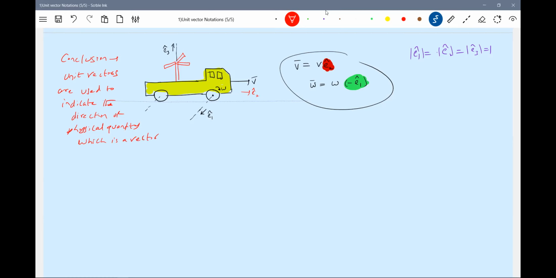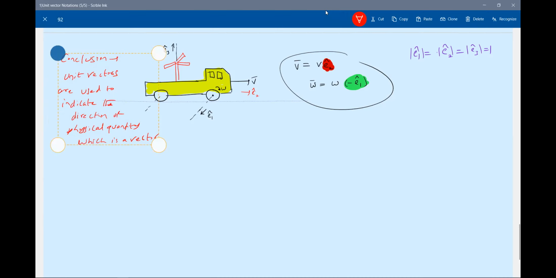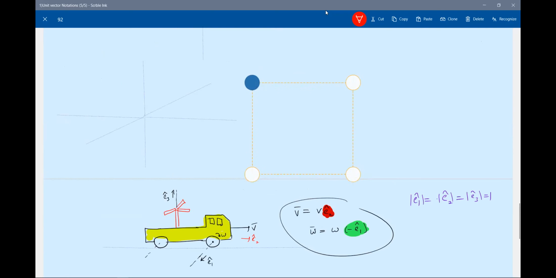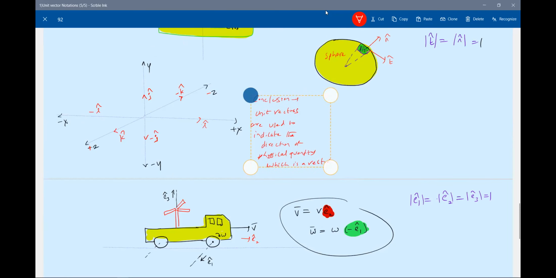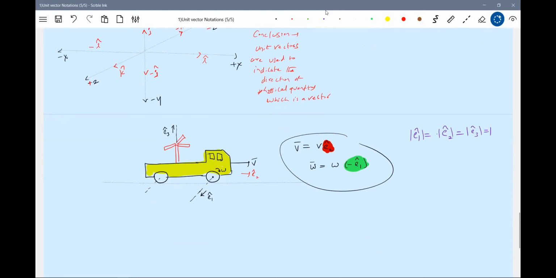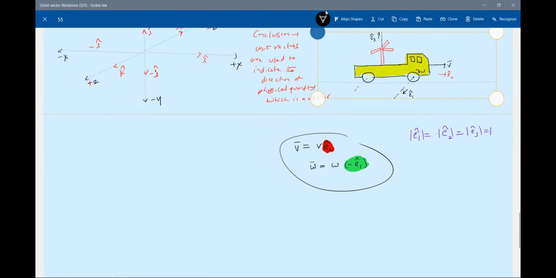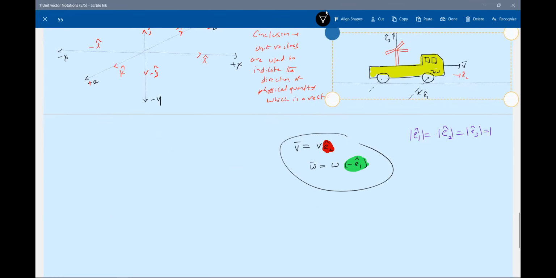This much is what we are doing. As we get into the next topics, you'll get an idea of how useful these things are. Let me shift all this to the next page, and we can conclude everything in one page. Hope everyone got some basic idea of unit vectors.